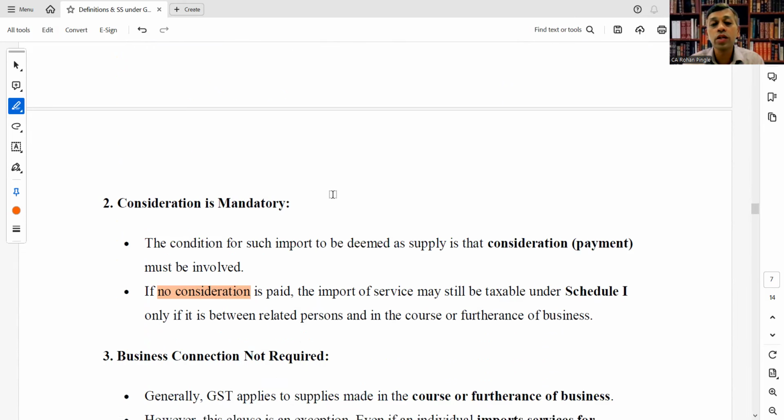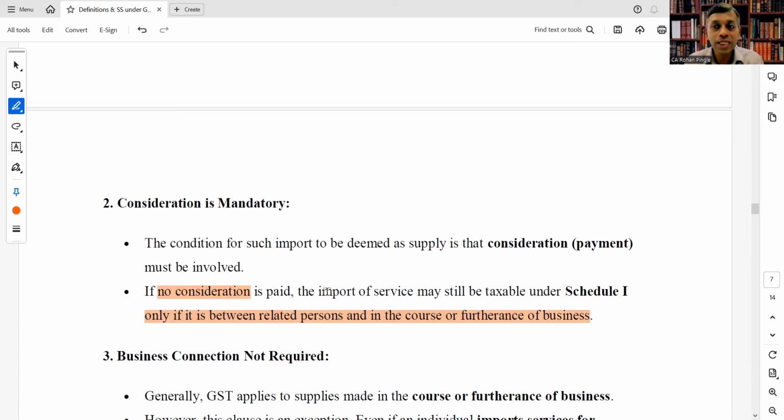Otherwise, if no consideration is paid, the import of service may still be taxable under Schedule 1, but only if it is between related persons and in the course or furtherance of the business.